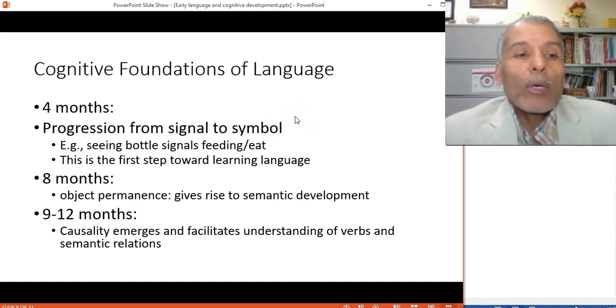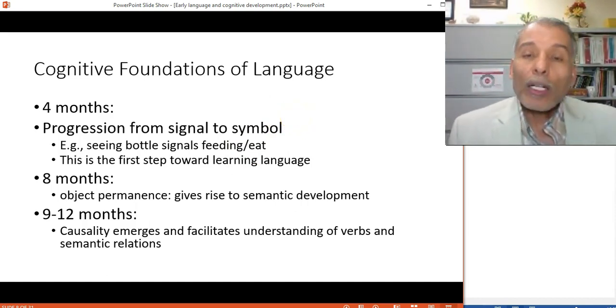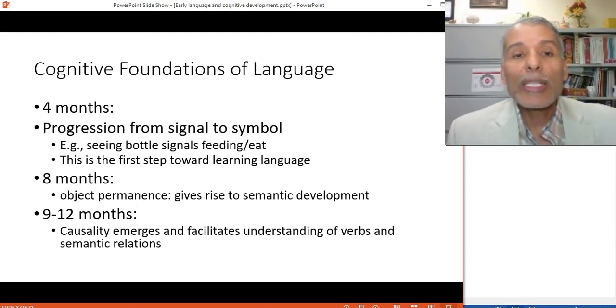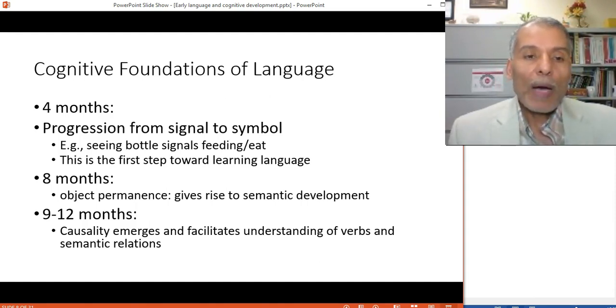So, looking at the cognitive foundations of language, at about 4 months of age, the baby begins to progress from signal to symbol. What does that mean, signal to symbol? For example, the bottle is a signal.